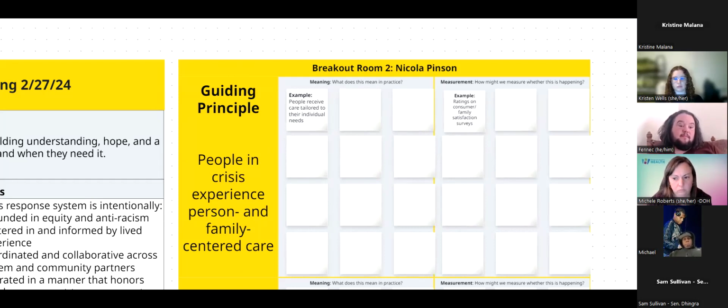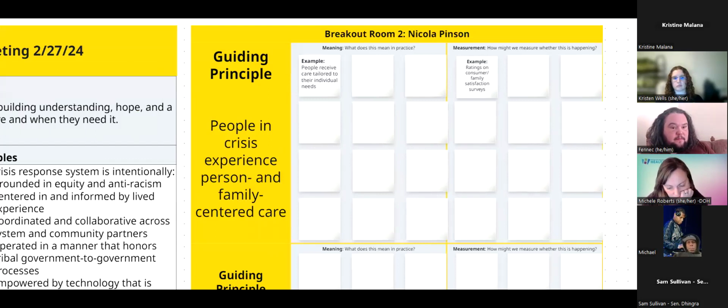So let's just say we have about 15 to 20 minutes per guiding principle to work through the process. And so our guiding principles for this group are, 1, people in crisis experience person and family-centered care.